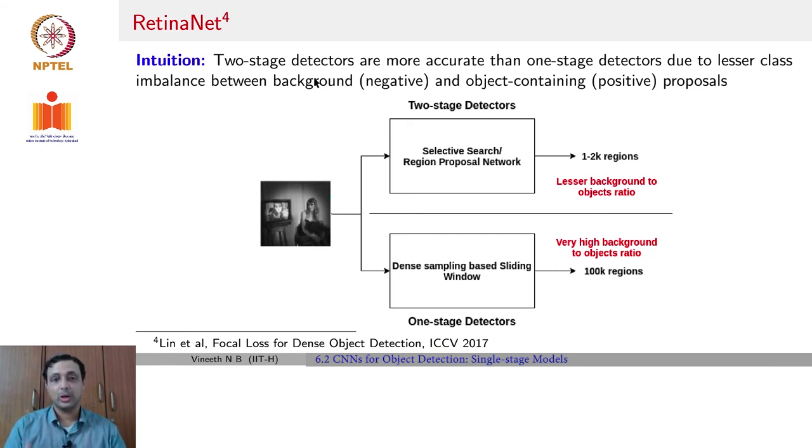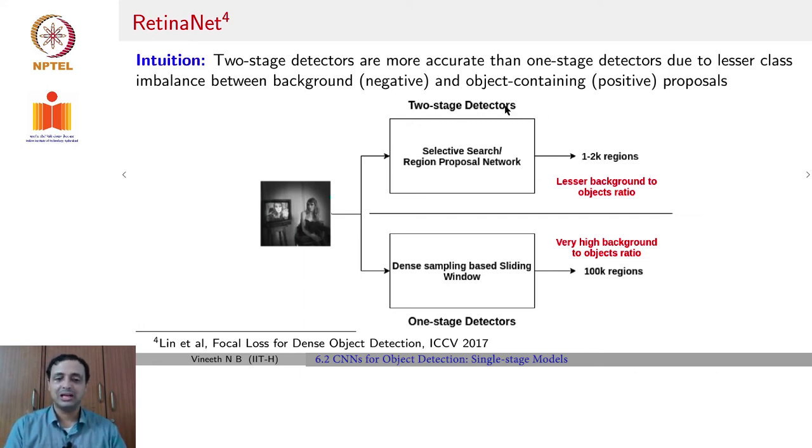One-stage detectors were obviously faster, and it's surmised that two-stage detectors are more accurate because there's lesser class imbalance between background or negative classes and object containing or positive proposals.